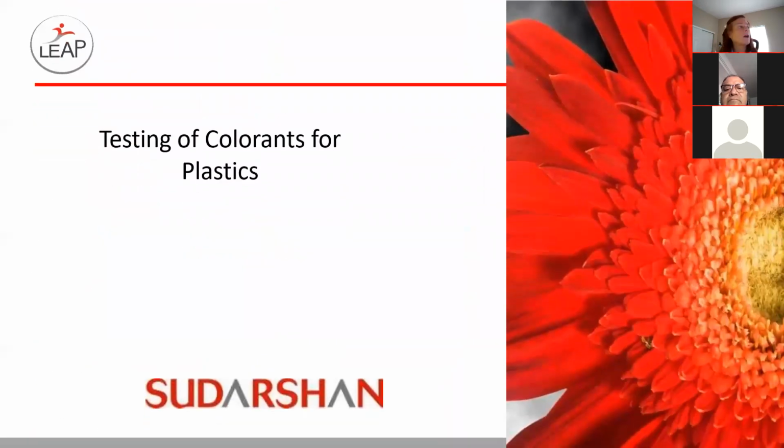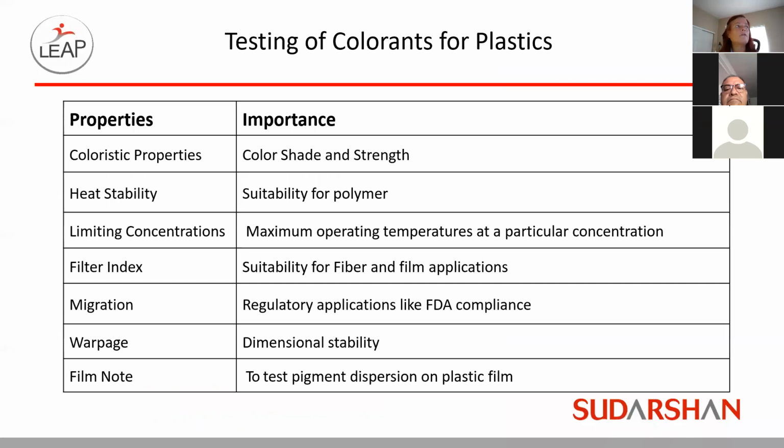As far as testing for colorants, there are a number of test methods that are used when we develop a pigment for plastics. Obviously, color and shade is key and critical with respect to these colorants.